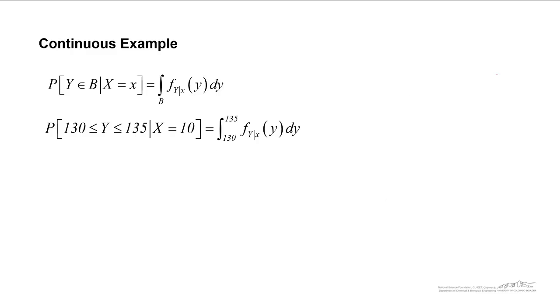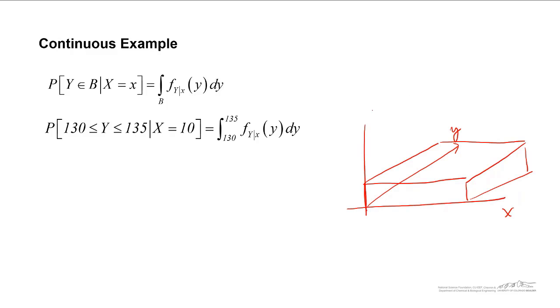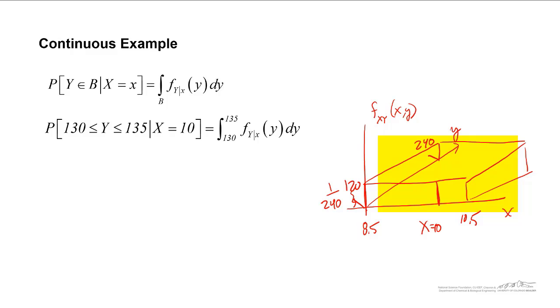Another way of looking at this is we can draw our joint probability density function of x and y. Again, we saw that that was 1 over 240 for all values of x and y in this domain. X went from 8.5 to 10.5. Y went from 120 to 240. What we're saying here is that given that x equals 10, we're constraining ourselves to this chunk of the joint probability density function, this little slice.